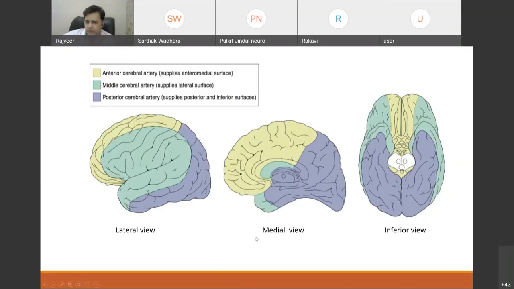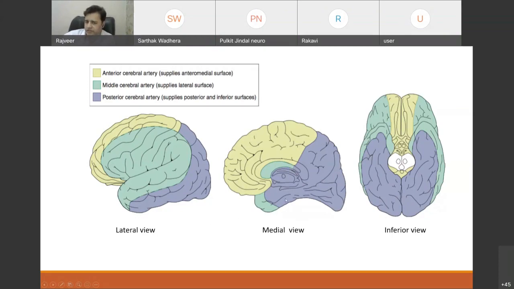And coming to the blood supply of the brain, this is the lateral view of the brain. The superior part of the frontal lobe and parietal lobe is supplied by the anterior cerebral artery. Then the rest of the frontal, parietal and temporal lobe is supplied by the middle cerebral artery. And the rest, that is the posterior part of the parietal lobe, the occipital lobe, and the inferior and posterior part of the temporal lobe, is supplied by the posterior cerebral artery.